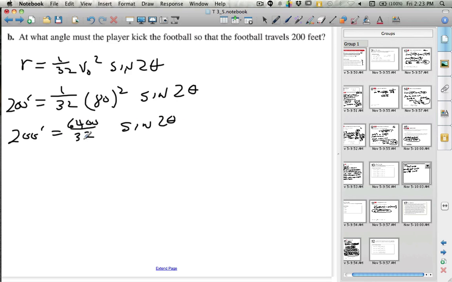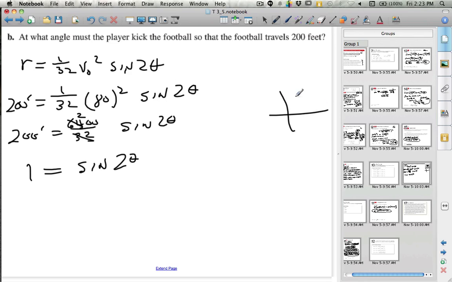We see 32 goes into 6,400 200 times. If I divide both sides by 200, I'll have 1 is equal to sine of 2 times theta. So where does sine equal 1?